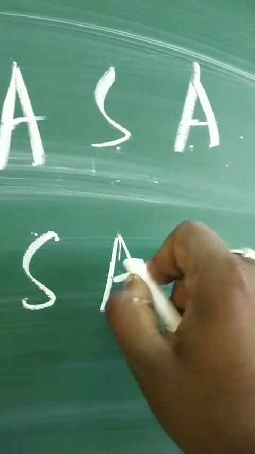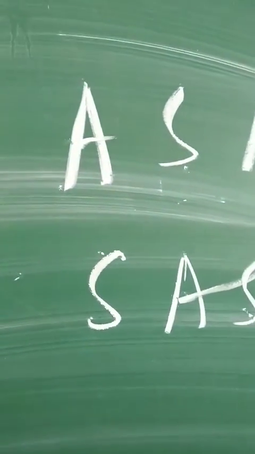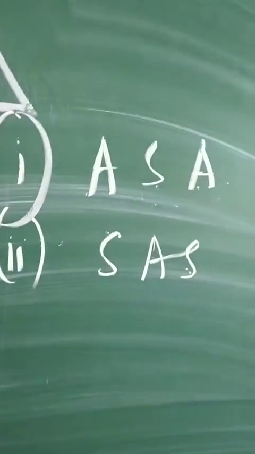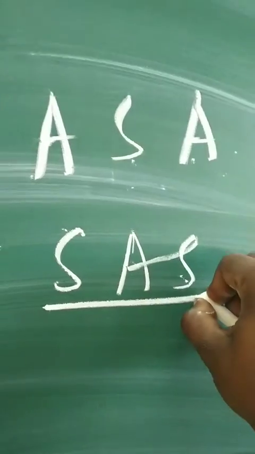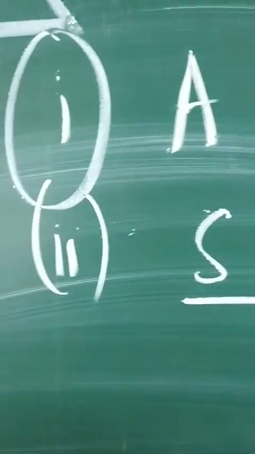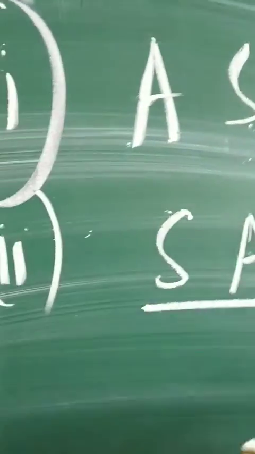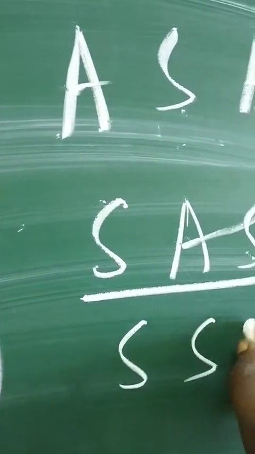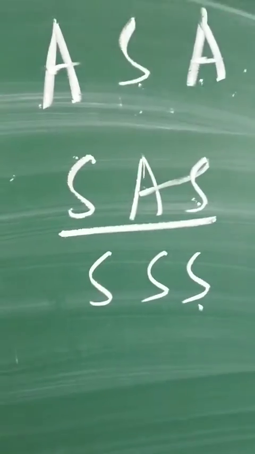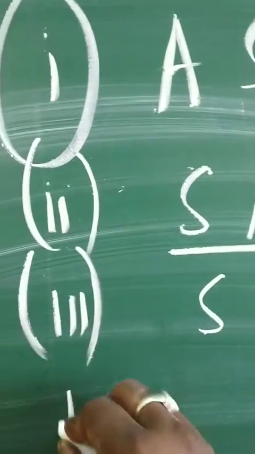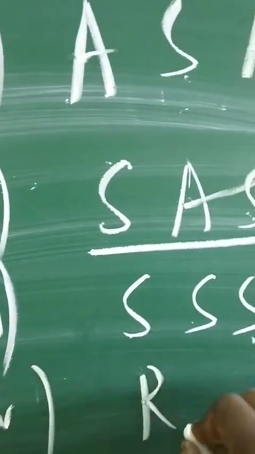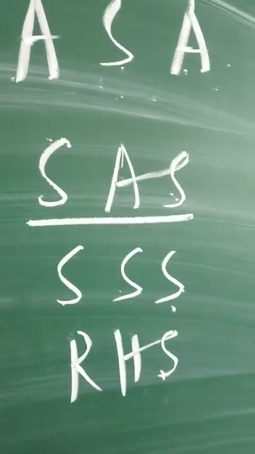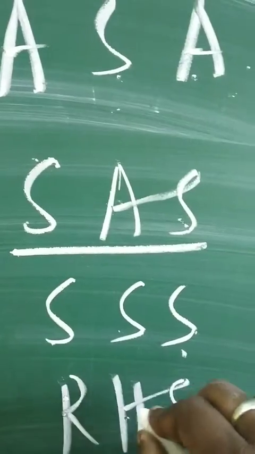When a pair of triangles satisfies this criterion, we can say the two triangles are congruent with each other. Number 3 is side, side, side. And number 4 is RHS. RHS never means right hand side. RHS means right angle, hypotenuse and a side.